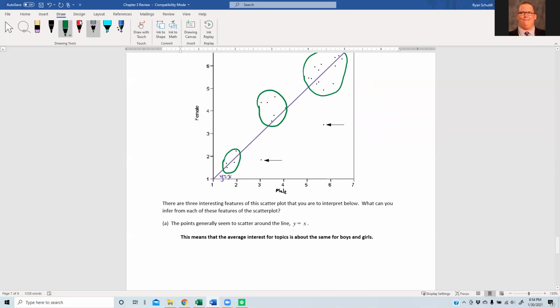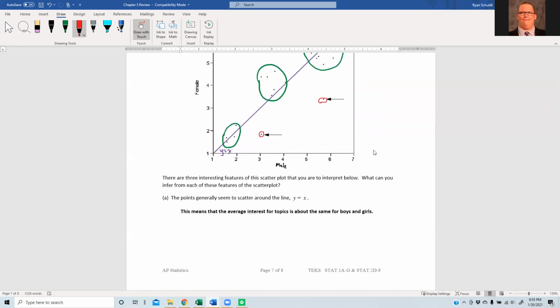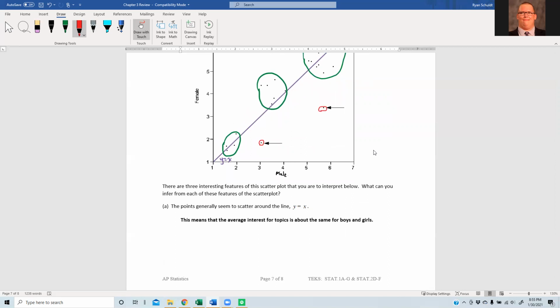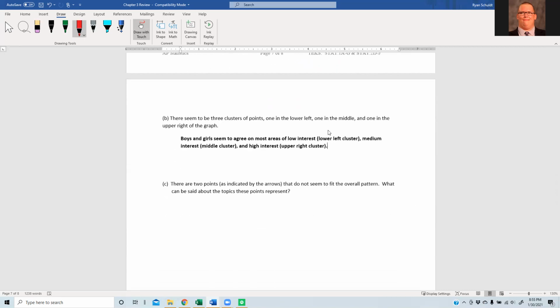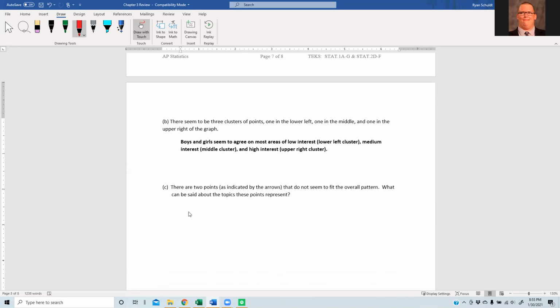So these are 2 topics right here that males tend to rate significantly higher than females. I mean, we don't know what those topics are. Maybe one's vehicles, cars, the other one's fishing. I don't know. But evidently something's going on.